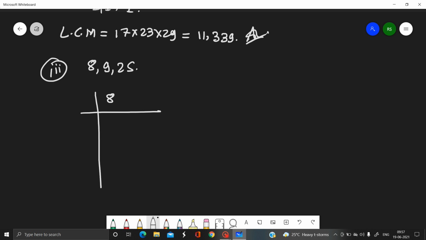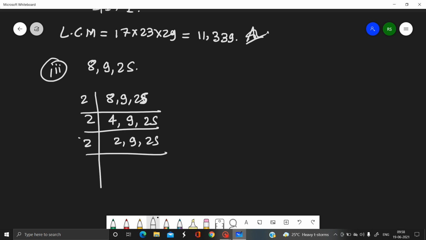When we are doing prime factorization of three numbers, you can see 25 is not divisible by 2, 9 is also not divisible by 2, but 8 is divisible by 2. So I go with a 2, so I get here 4, 9, 25. 4 is also divisible by 2, and 2 is also divisible by 2. And 9 is divisible by 3, so I go with a 3, I will get here 1, 3, 25.